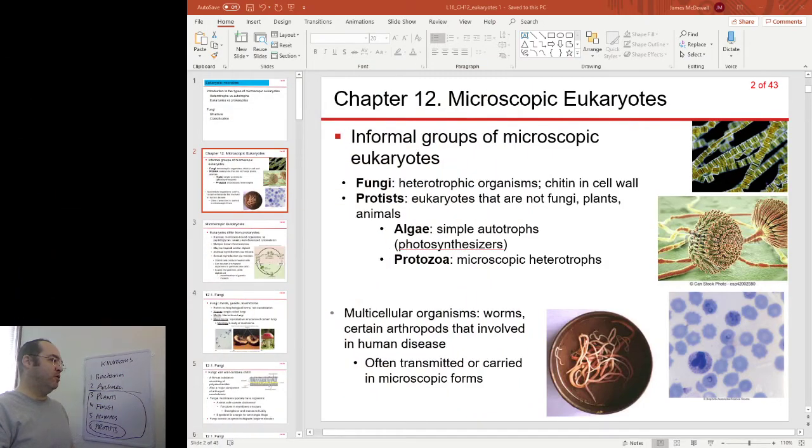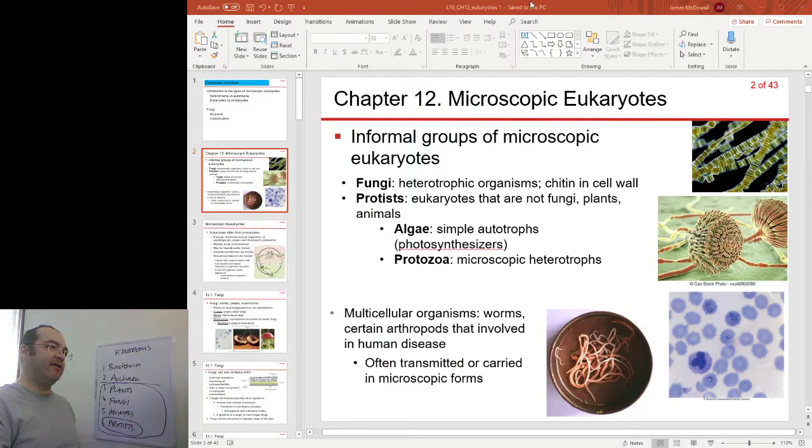So that goes to our slide here, our second slide. The fungi, those are quite a nice defined group, but the protists are not. And that's why it says here, informal groups. The protists is a very informal group.